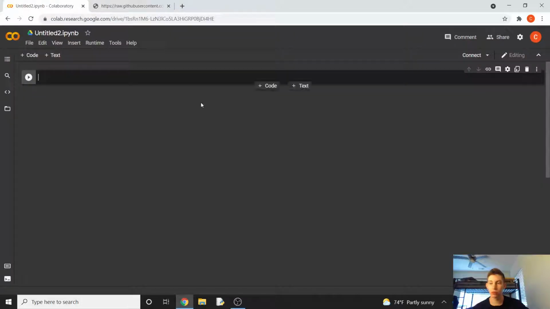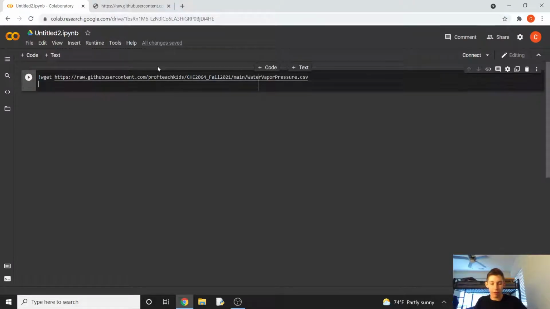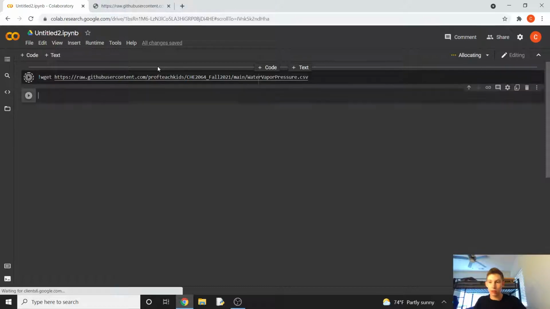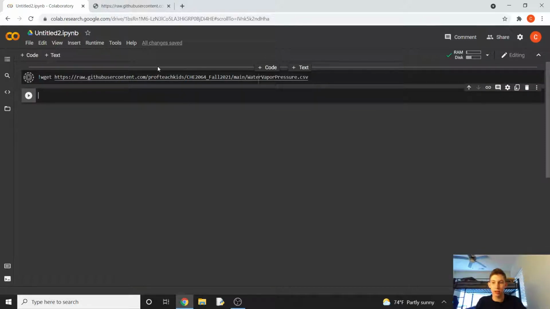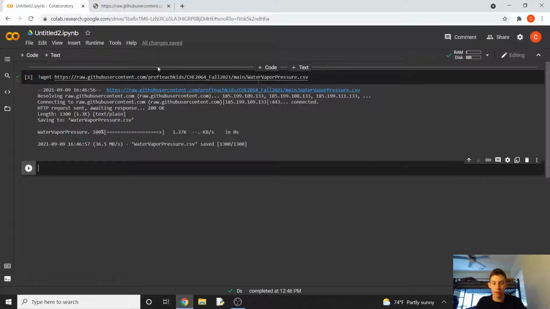What we're going to do first is copy and paste this link in so that we have it, and that saves the comma-separated values into this notebook.